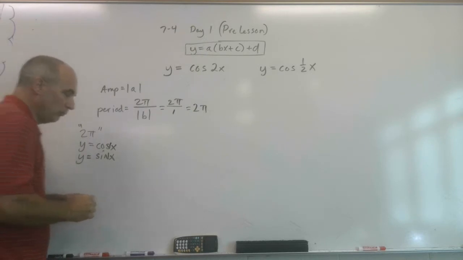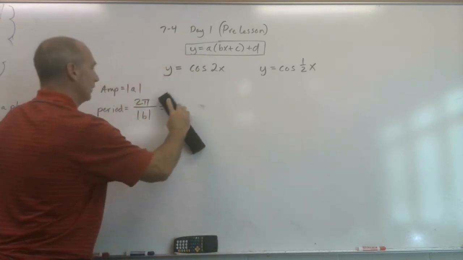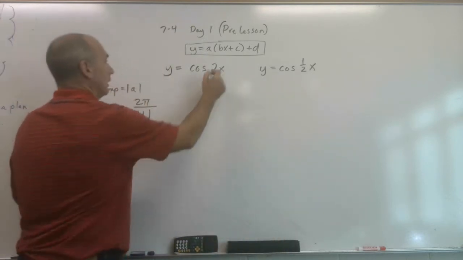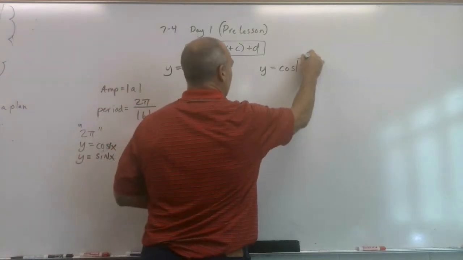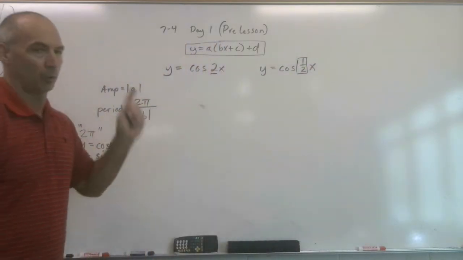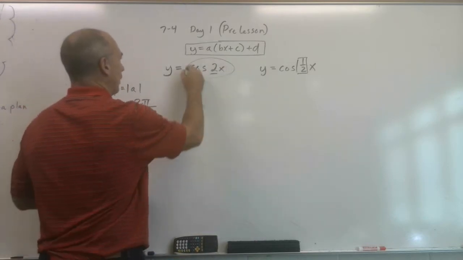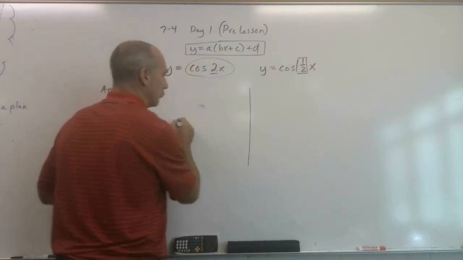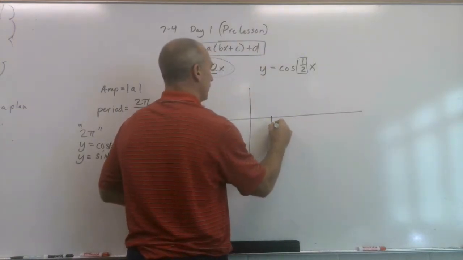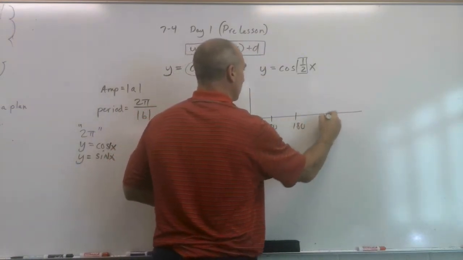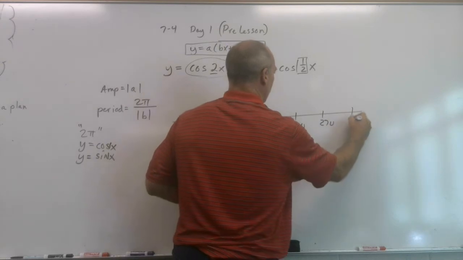So, what happens if B is a 2 or B is a 1/2? Hold your hats. Now, let's take a look at this one. How do we get started here? We get started by drawing the parent function. 90, 180, 270, 360.